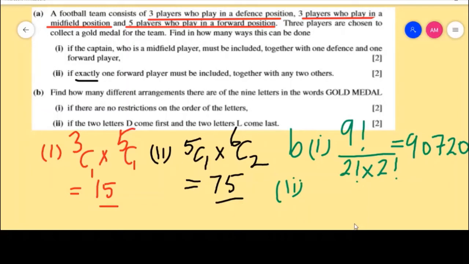Part 2, if the 2 D's come first and the 2 L's come last, now there are 9 letters, so I'm going to go 9 spaces, 1 2 3 4 5 6 7 8 9. I need the 2 D's to come first, so I put the D's here, and the 2 L's to come last.